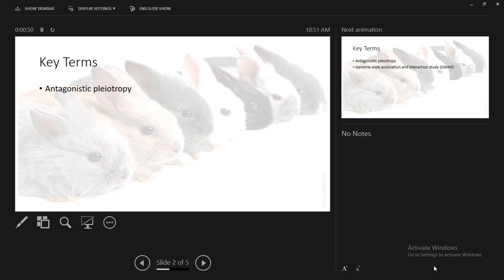And so antagonistic pleiotropy is basically describing mutations that early in life have very little impact, or may even be beneficial to the phenotype, but later in life might become a big complication.